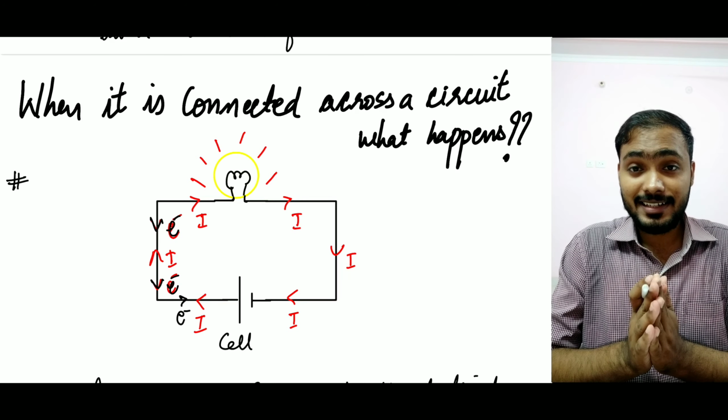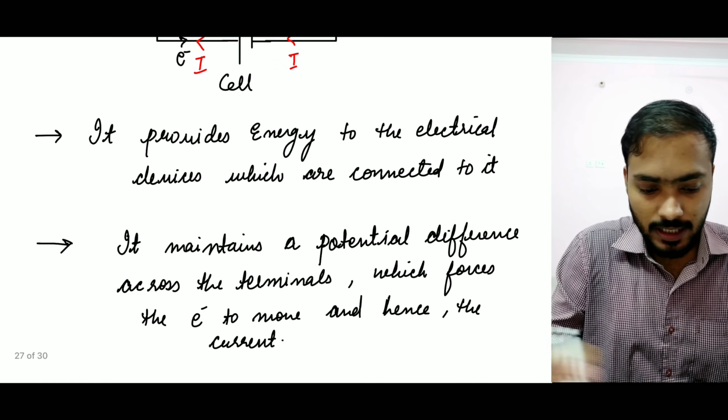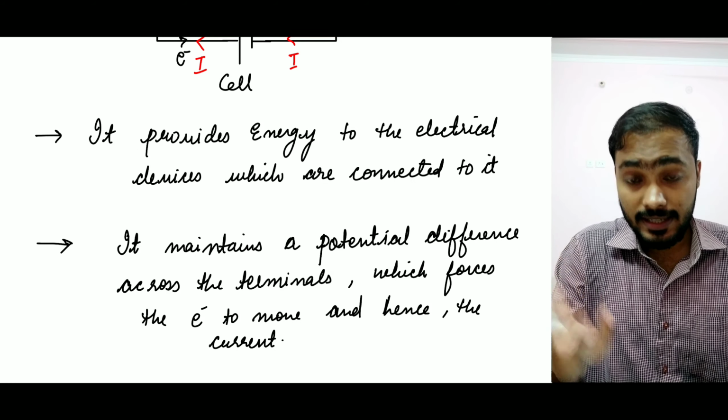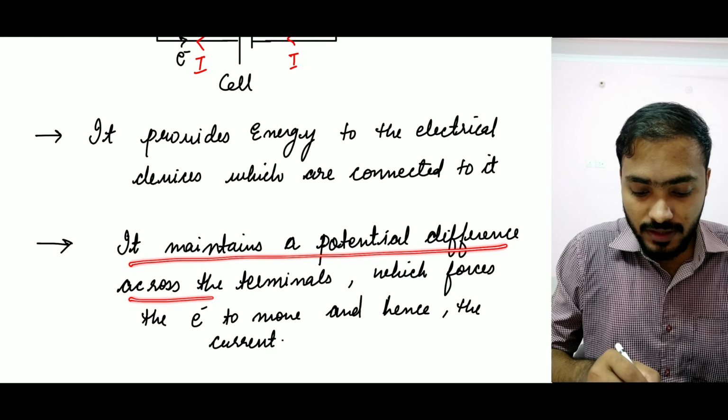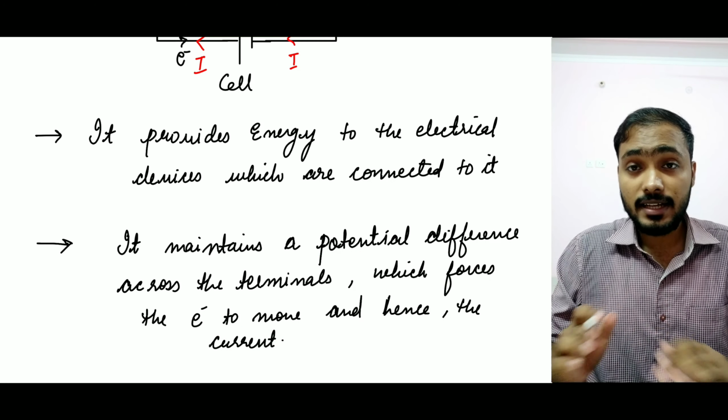It maintains a potential difference which forces the electrons to move, and hence the current. I hope that is understandable.